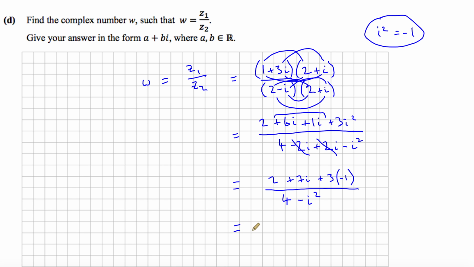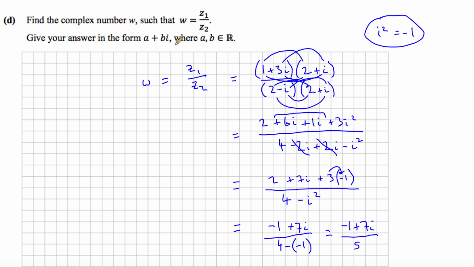So to tidy up further again, on top you have 2. Now 3 by minus 1 is minus 3. So 2 minus 3 is minus 1. We still have that plus 7i. And underneath here we have 4 minus i squared, but i squared is negative 1. So this is giving us minus 1 plus 7i all over 4 minus minus 1, which is 5.